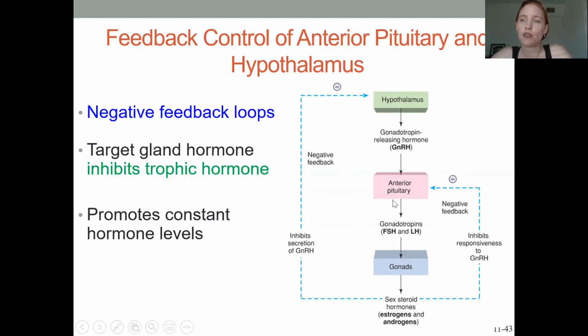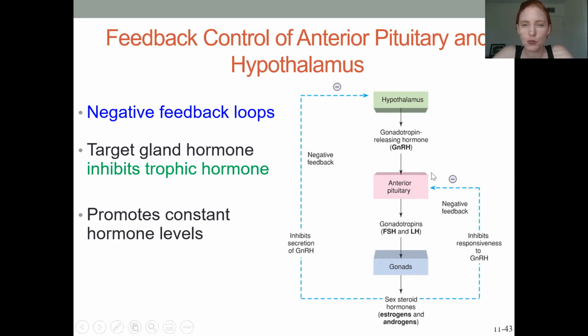So the hypothalamus is going to control the anterior pituitary. It does that by releasing its own tropic hormone, which is called a releasing hormone. Whenever you see RH in a hormone, it stands for releasing hormone. All of the releasing hormones come from the hypothalamus. Okay, so if you ever see something with an RH in it, that's releasing hormone, and it comes from the hypothalamus.